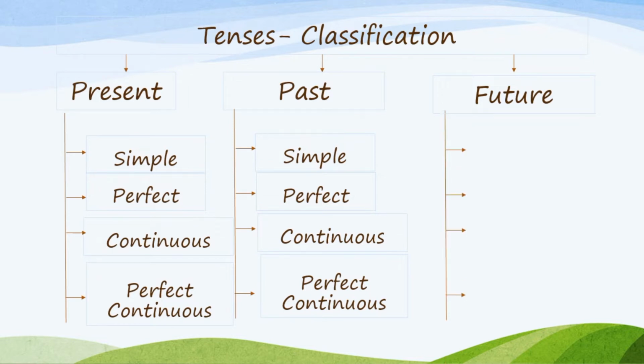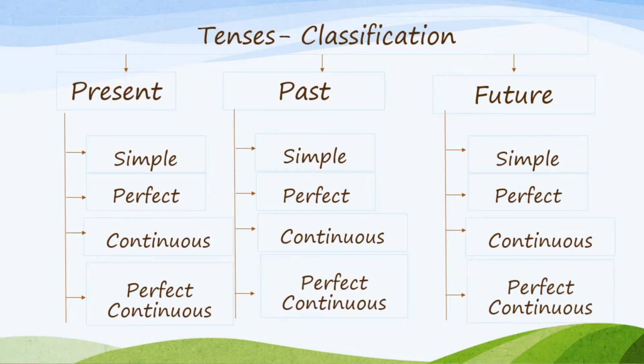Same goes with the future tense or future time: future simple or future indefinite, future perfect or future complete, future continuous or future progressive, and the last, future perfect continuous.